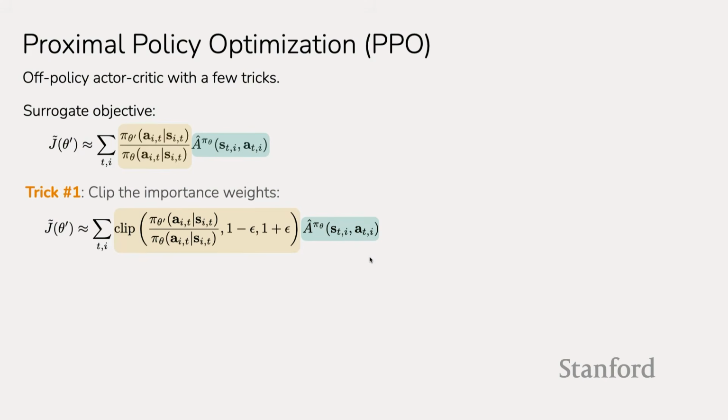Now, there's a couple more tricks that PPO introduces to try to get stable reinforcement learning improvement. So in this first trick, it's no longer incentivized to deviate significantly.